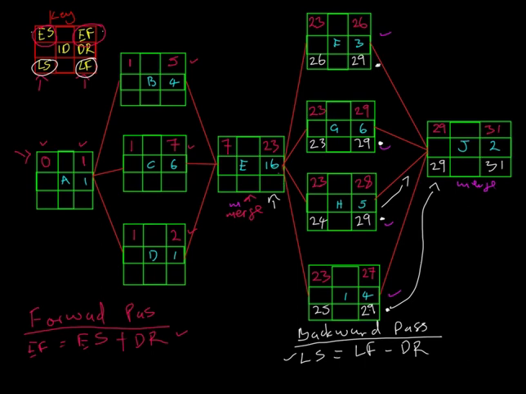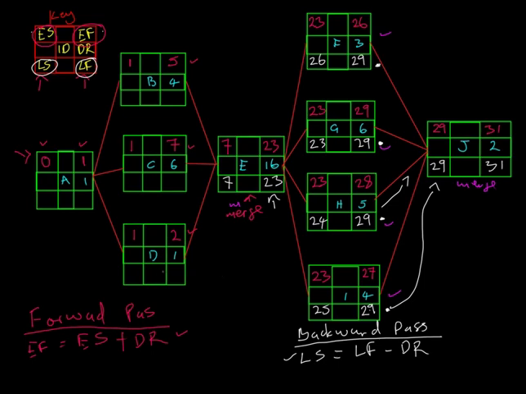So the lowest here is, on activity I we've got 25, there we've got 24, we've got 23 and 26. So the lowest is 23. So therefore, the late finish of activity E is equal to 23. All right. And then to get the late start there, we say 23 minus 16, which is equal to 7. Yay! All right, we go to the next one.